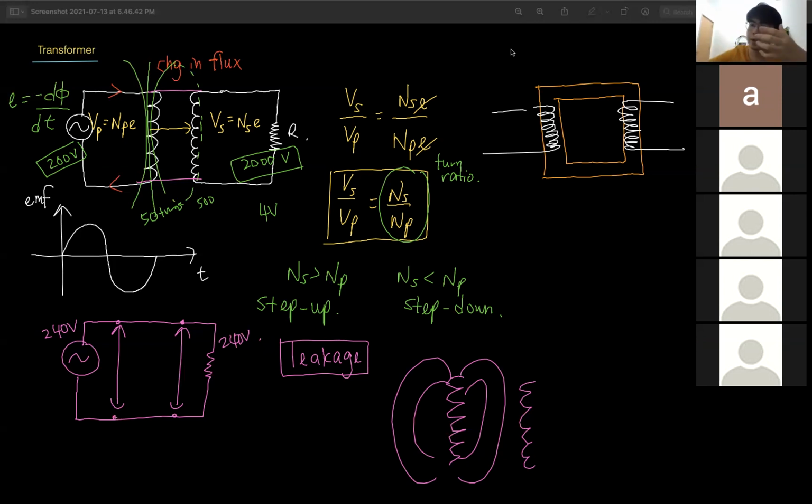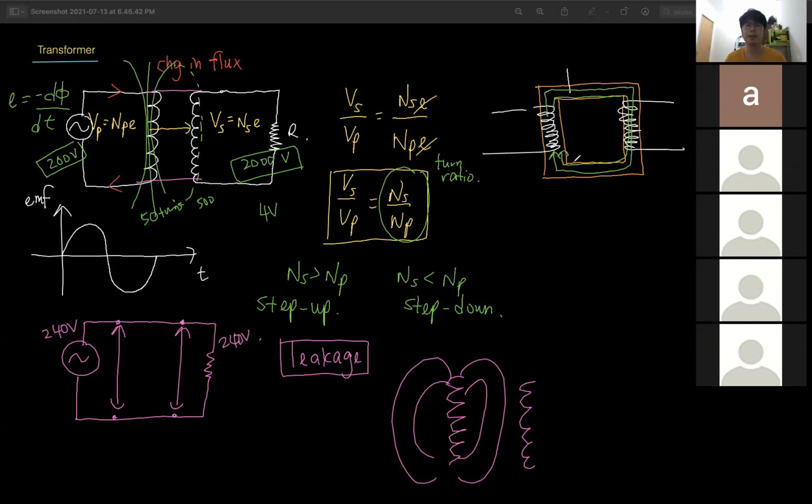So it can maximize the flux reaching the other end, meaning that it can minimize the leakage of magnetic field. This is why usually in a transformer you see this iron block. The magnetic field will flow inside the iron, across it, like this.